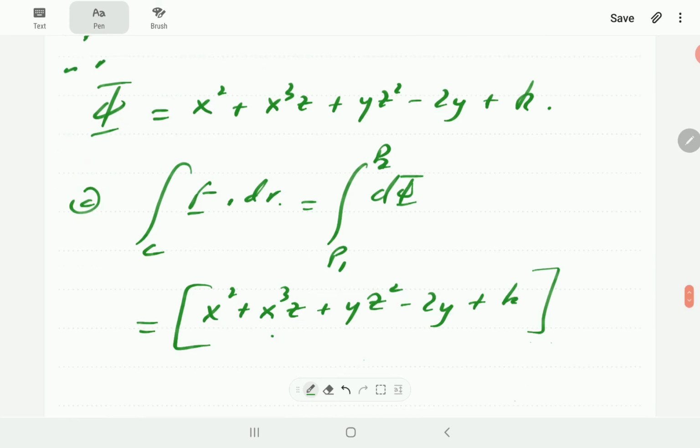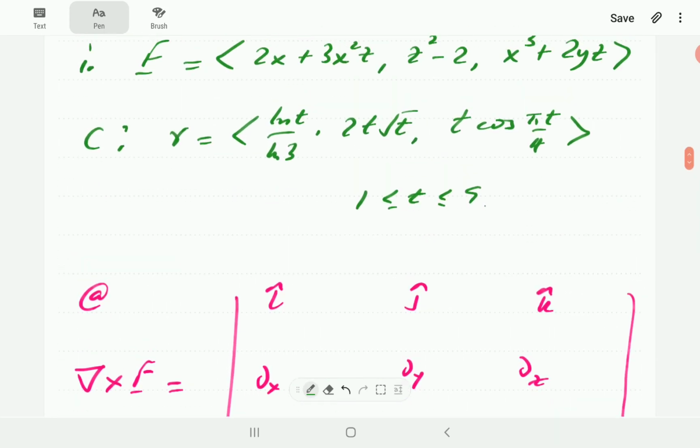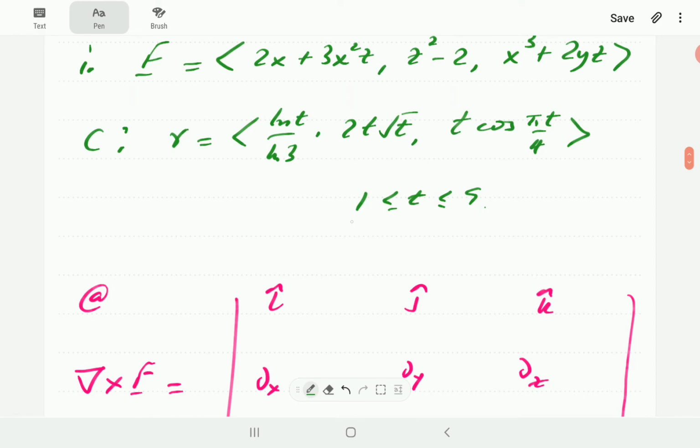Then at the beginning of our contour, when t is 1, x is going to be 0, y is going to be 2, and z is going to be cosine of pi on 4.